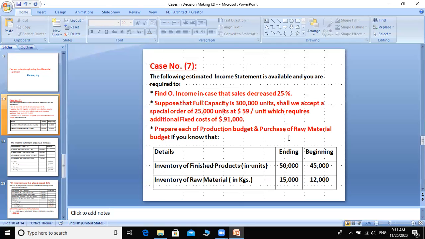If you know that inventory of finished products in units is 50 and 45 as ending and beginning inventory, and the inventory of raw material in kilograms, ending and beginning, is 15,000 and 12,000. Where is the estimated income statement that he mentioned? The following estimated income statement. This is the estimated income statement.